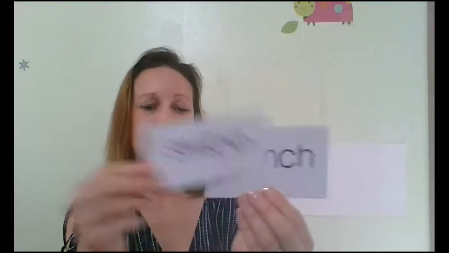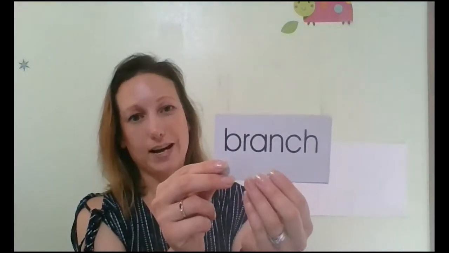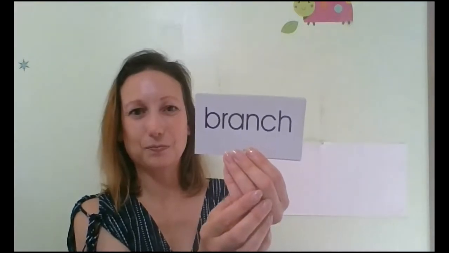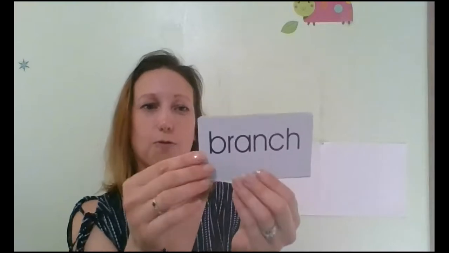Stitch. Swipe. Why is this E on the end? Because the I is saying its name. So I have that I consonant E says I. Branch. Why did we use just CH? Because we heard a consonant sound before the ch.